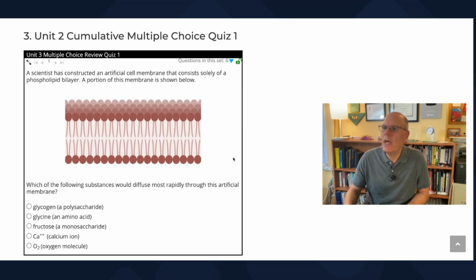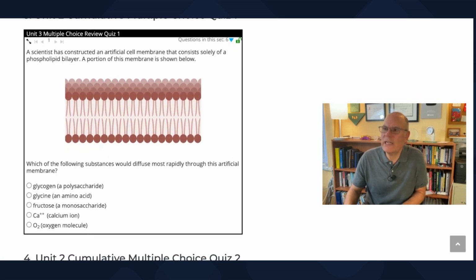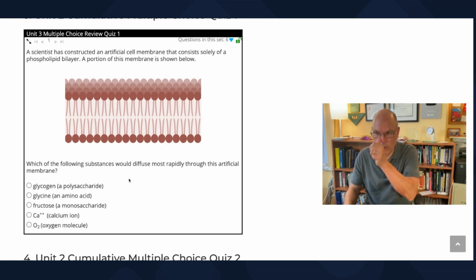First question. A scientist has constructed an artificial cell membrane that consists solely of a phospholipid bilayer. A portion of this membrane is shown below. The image, for those of you who are listening, just shows a phospholipid bilayer. Which of the following substances would diffuse most rapidly through this artificial membrane?